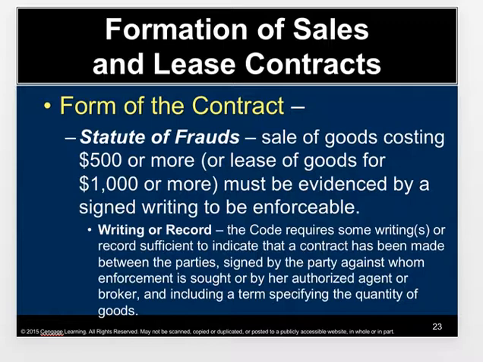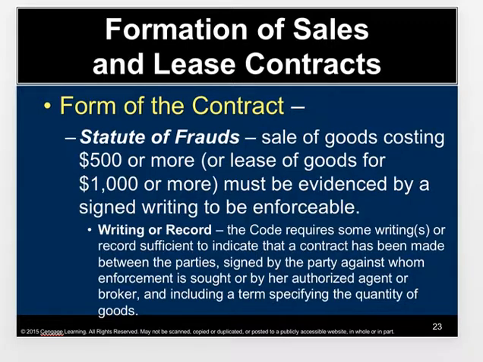It has to be signed by the party against whom we wish to enforce the contract. And not only must the price be part of that term, but also the quantity of goods, right? So whether we're buying 1,000 apples, 5,000 apples, whatever it is that the contract is for, it has to be specified. So that's the statute of frauds.